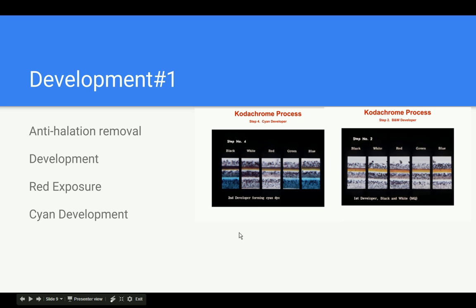So through the back of the film, they would expose it to red light and put it in a developing bath, much the same as the first one, although this one, when it reduces the silver halide, it oxidizes, and then creates the cyan dye in the red sensitive layer.